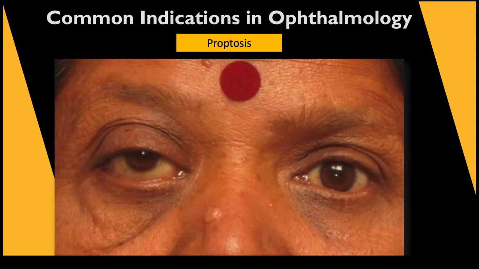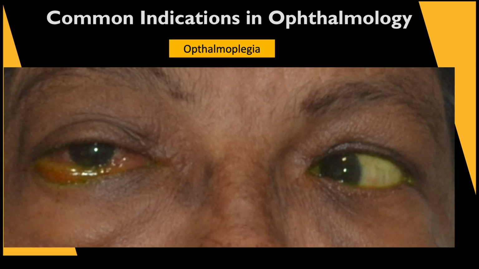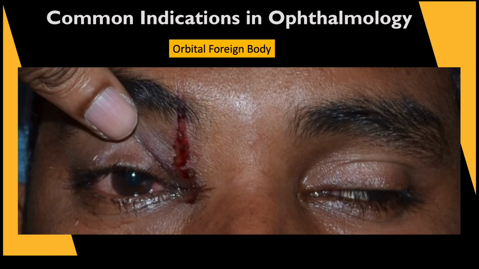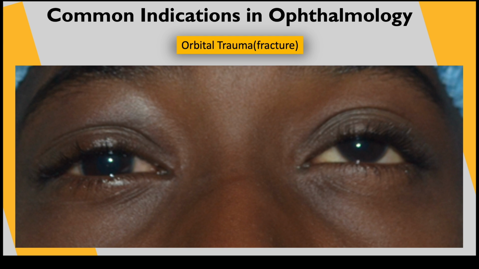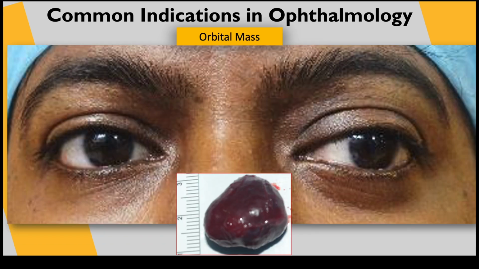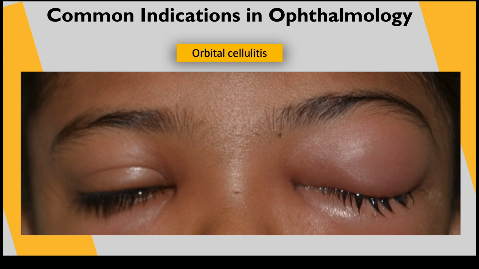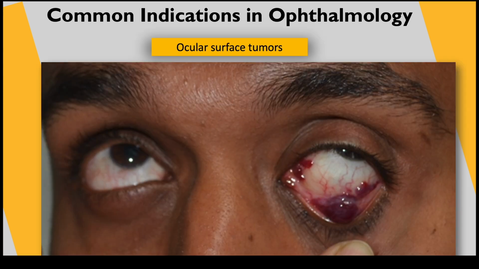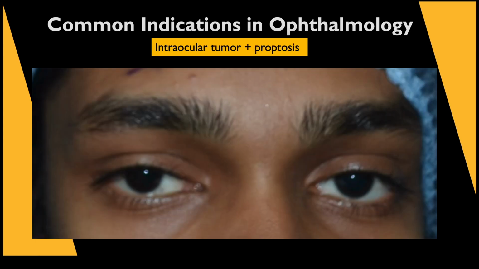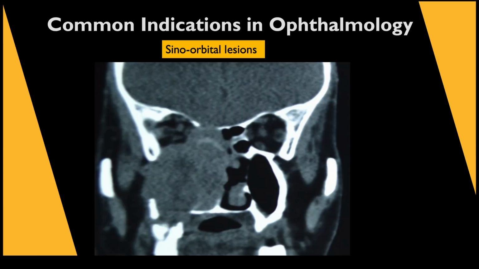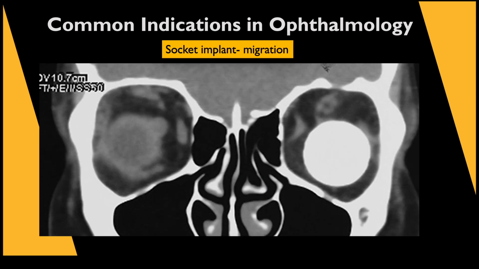Common indications of CT scan in ophthalmology include unexplained proptosis, unexplained ptosis, ophthalmoplegia, orbital foreign body, orbital trauma causing orbital fractures, orbital mass, orbital cellulitis, ocular surface or eyelid tumors with suspected orbital spread, intraocular tumors presenting with proptosis, paranasal sinus lesions causing an orbital extension, socket implant with migration.